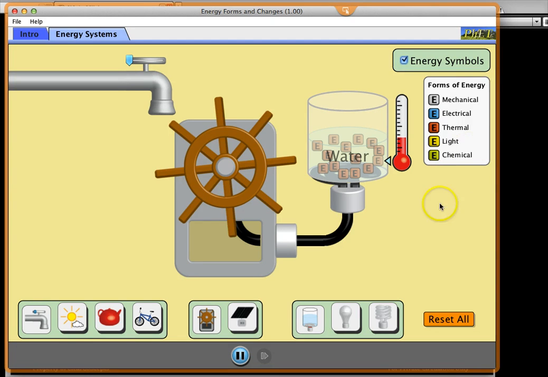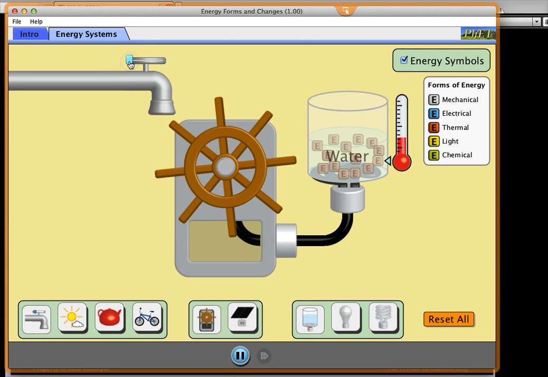Okay, let's start again. Let's count the number of energy blocks in here. 1, 2, 3, 4, 5, 6, 7, 8, 9, 10, 11, 12, 13, 14. Agree with this? There are 14 energy blocks in the water to start with. Alright, so I'm going to start again very slowly.